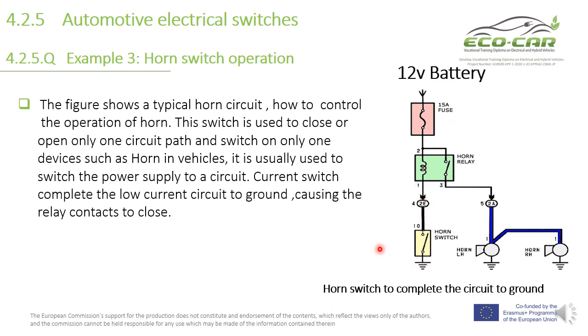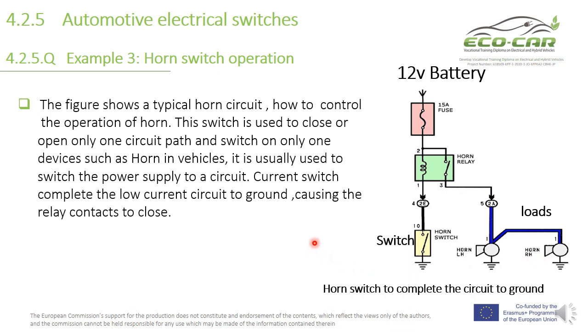This circuit consists of a 12-volt battery from this side to the fuse box to this fuse, 15 amps, with two loads. This load number 1 is the horn, left horn. This is the right horn.